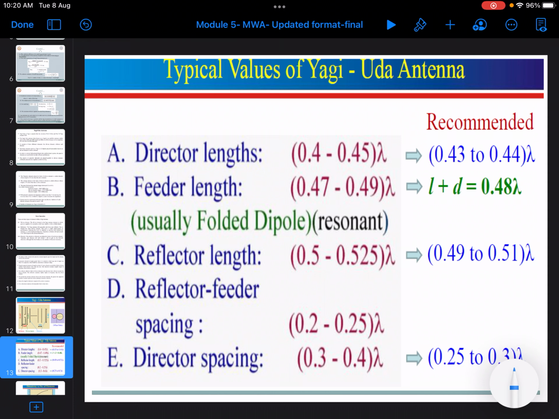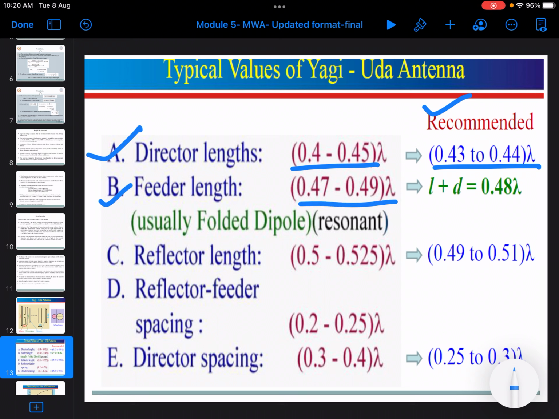These are the typical values of a Yagi antenna, which you can observe. The first one represents the director length, which should be around lambda by 2, 0.5. In practical cases we can go with the recommended value of 0.43 to 0.44 lambda. Coming to the feeder length, that is a folded dipole antenna or the driven element we have discussed, it should be 0.5 lambda.